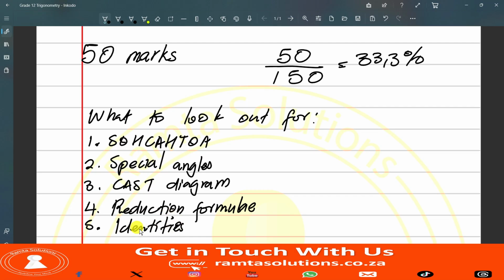I wanted to follow with general solutions instead of identities, but I will choose the sixth item we will look at is sine rule, cosine rule, and area rule.